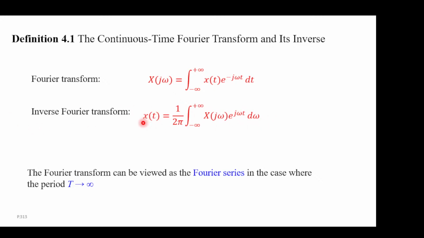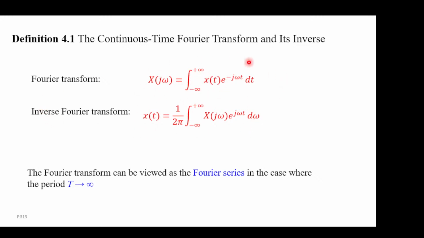But because x of t is not periodic anymore, we are not restricted to the harmonic series. So this omega here can be anything. Omega is from minus infinity to plus infinity. And there are infinitely many of them, so we are integrating over them with some spectrum function, big X of j omega here. And so this is like a synthesis equation.